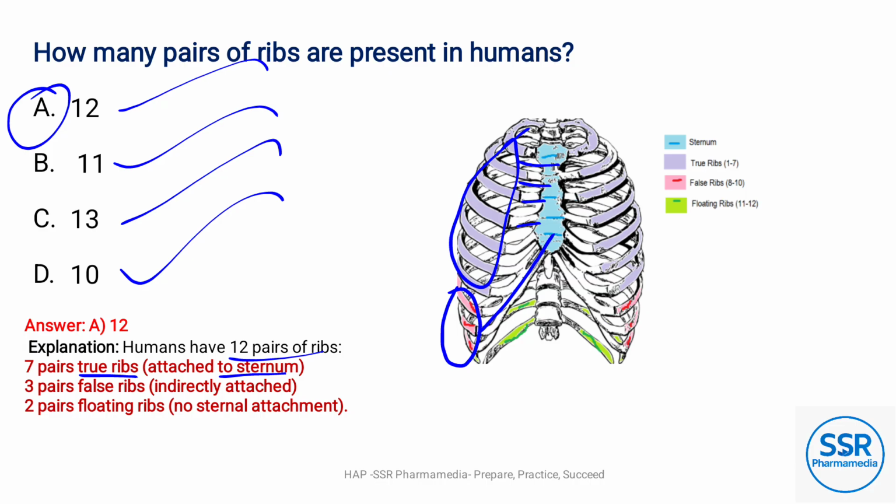So ribs 1 to 7 are true ribs, 8 to 10 are false ribs, and 11 and 12 are floating ribs. A very important point: many questions are asked from the ribs in many competitive exams.